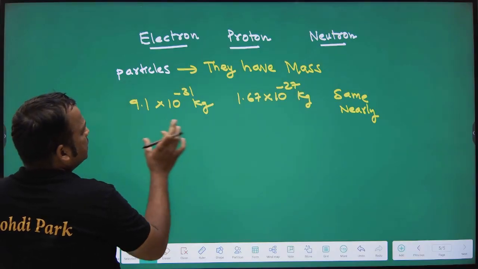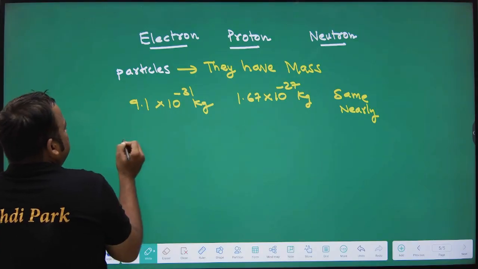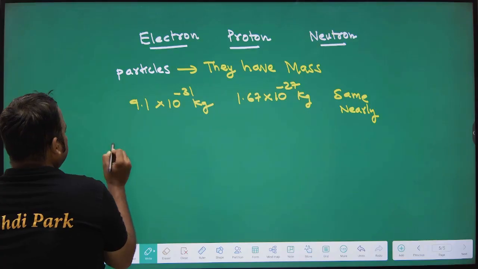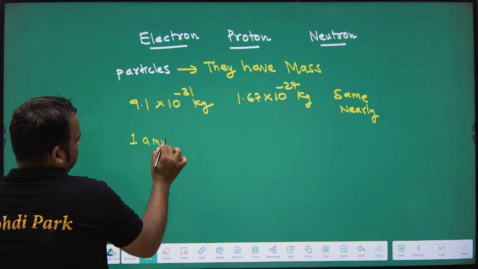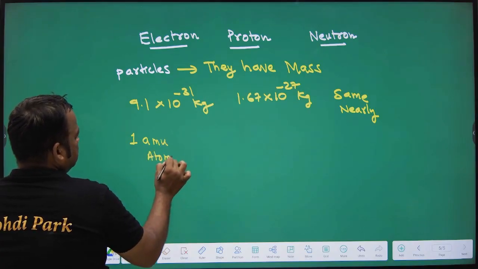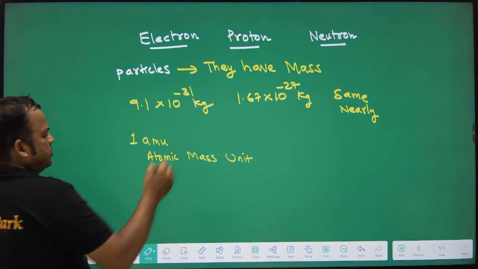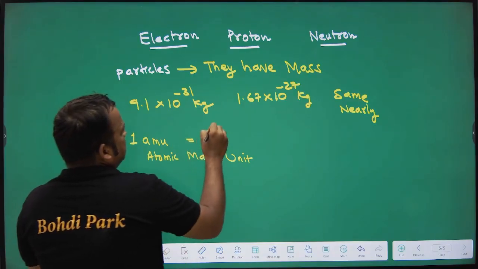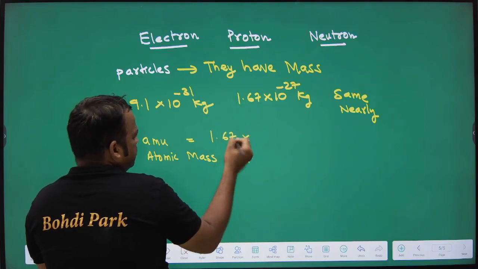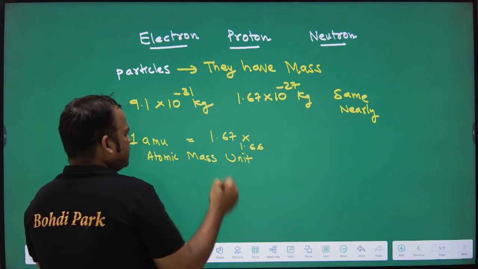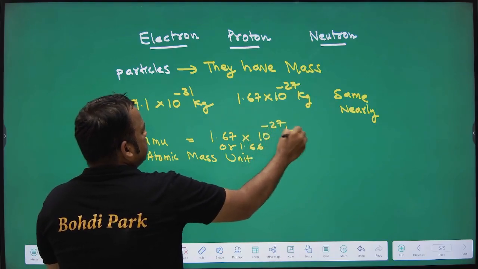But to understand the difference of masses, we have one more unit to denote the mass, known as 1 AMU, that is atomic mass unit. So 1 atomic mass unit is 1.67, some books write it as 1.66, into 10 raised to minus 27 kg.